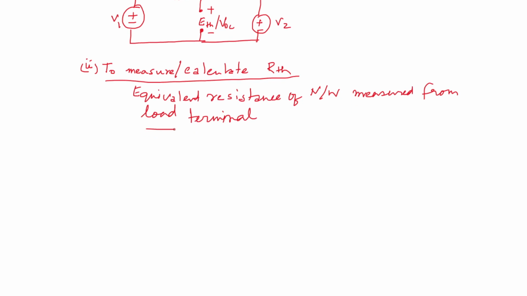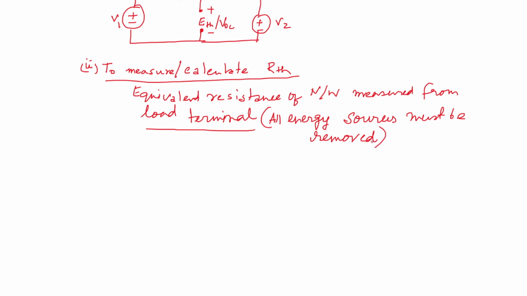For this circuit, in order to do that, you must remove all energy sources. All energy sources must be removed. What is the equivalent circuit to measure the Thevenin resistance? We have R1, we have R2. We need to measure R Thevenin from this load terminal, right?